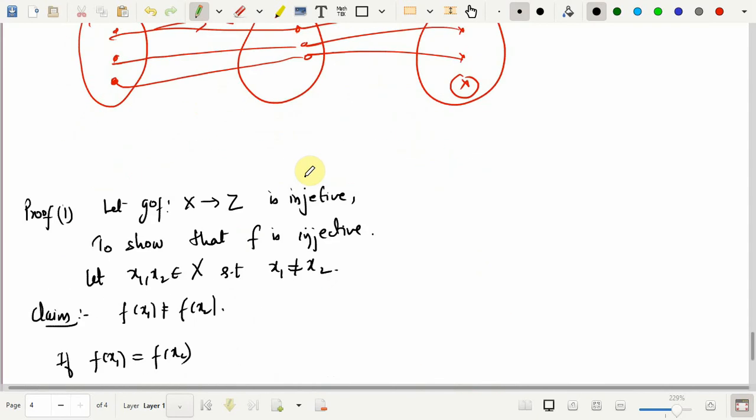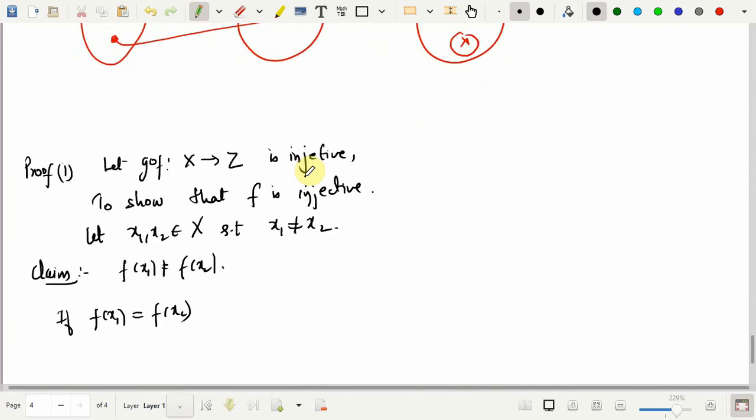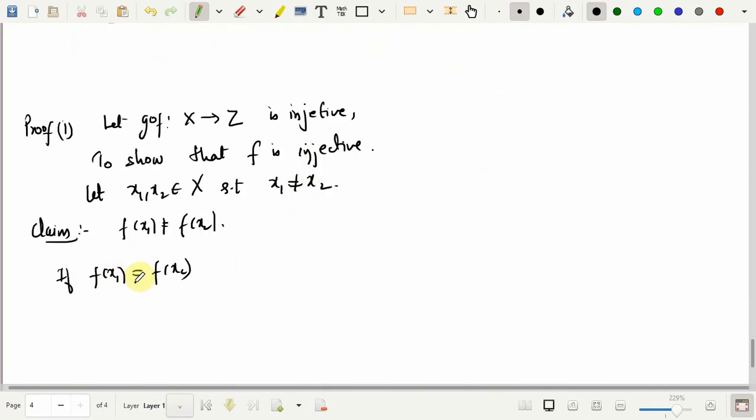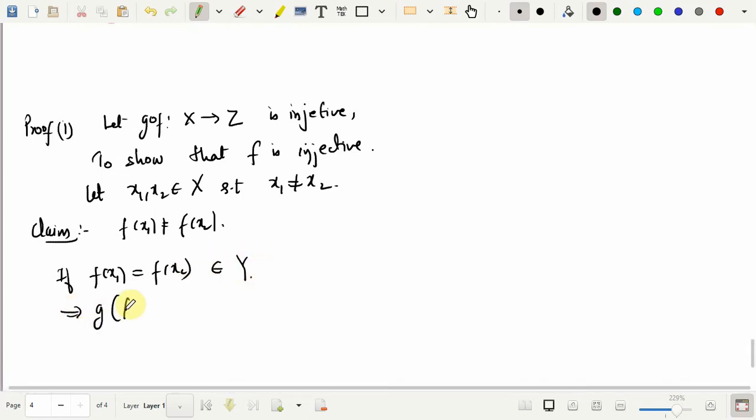If f of x1 and f of x2 are equal, and both points belong to Y, then, to make your work easier, you can give a notation: f of x1 equal to y1 and f of x2 equal to y2, these two points in Y. So G being a function and these two points being the same, the image also has to be the same.